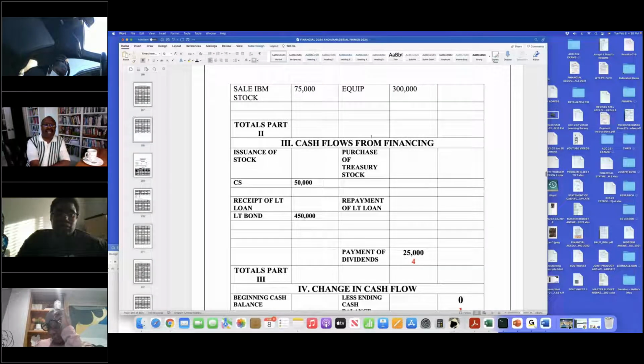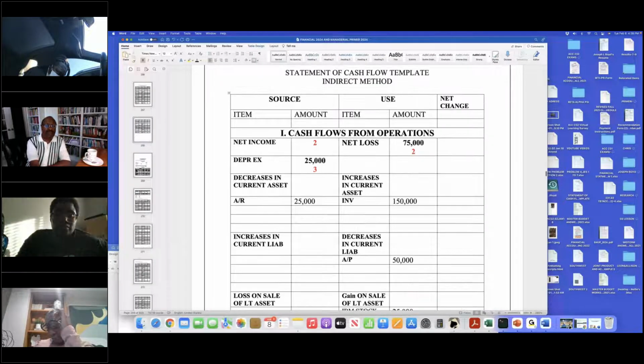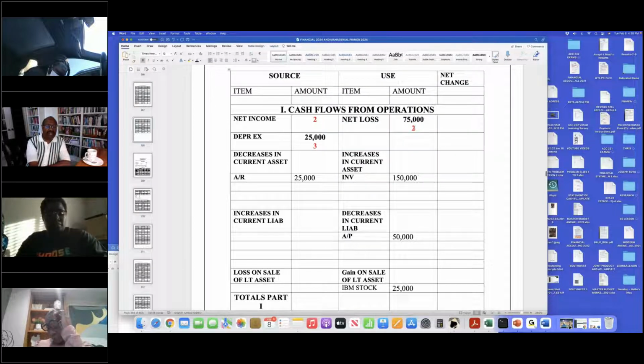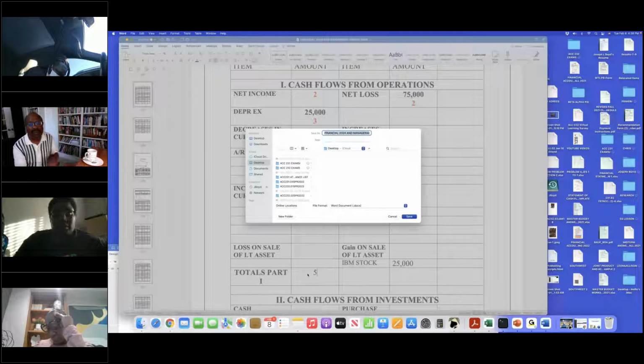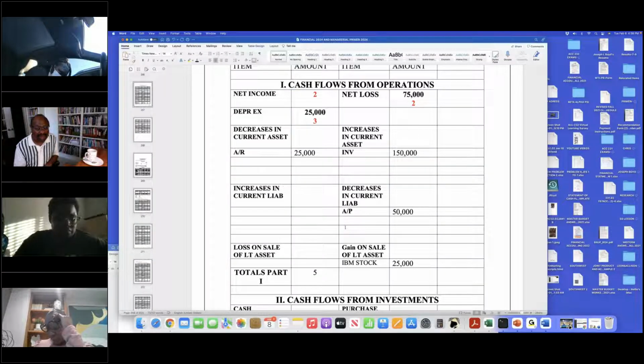How much cash do we have on operations? We add up the sources, 25 and 25, and that's $50,000. Then we add up the uses.